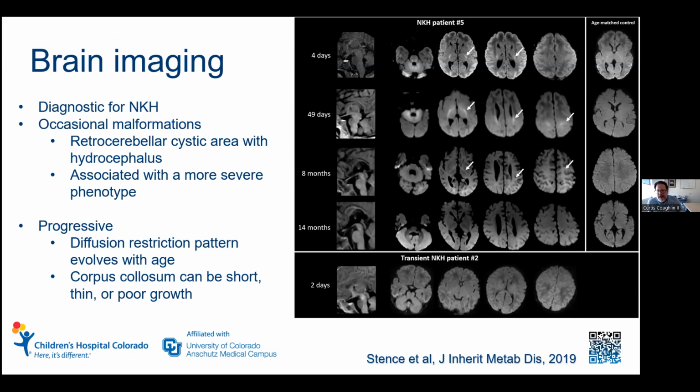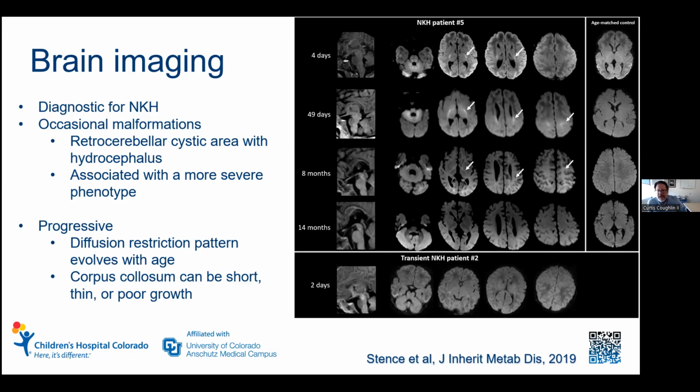A couple of things that came from this paper is that there really are diagnostic findings in the MRI. And so if it's a patient you're unsure whether they have NKH or not, the MRI can really be helpful to say, this elevated glycine really is due to classical NKH. Although it's been harder to find something that's associated with the mild phenotype to differentiate the two.